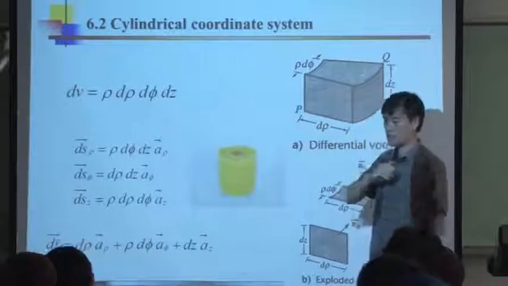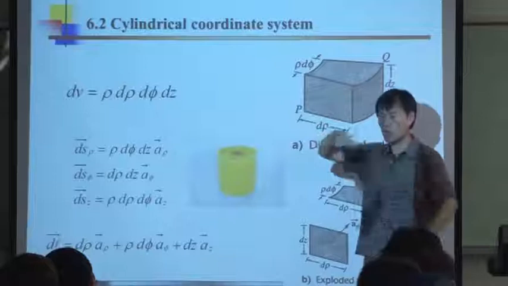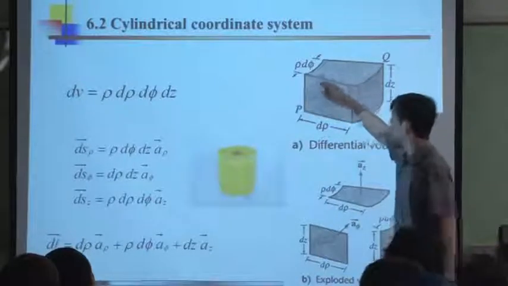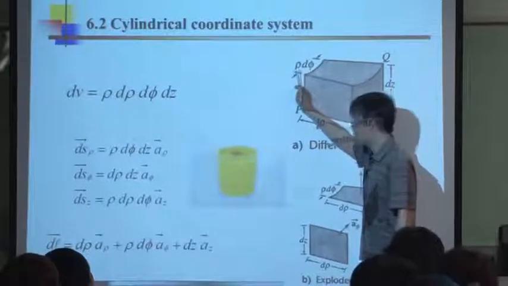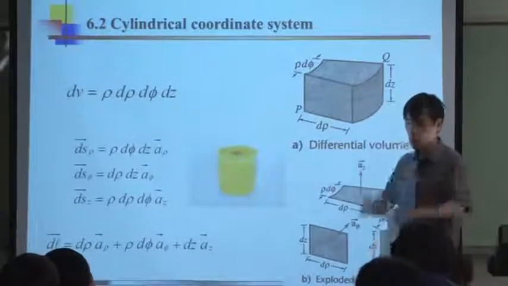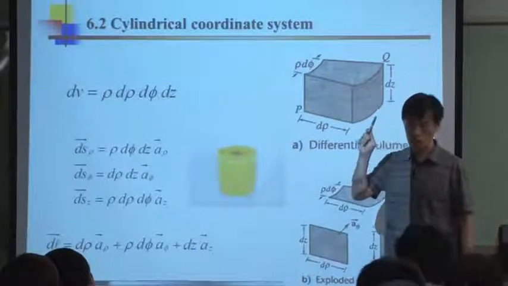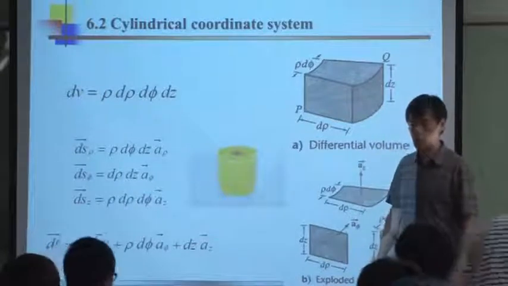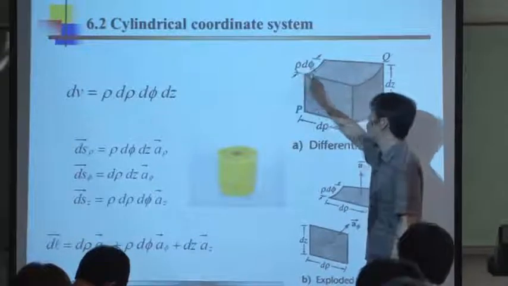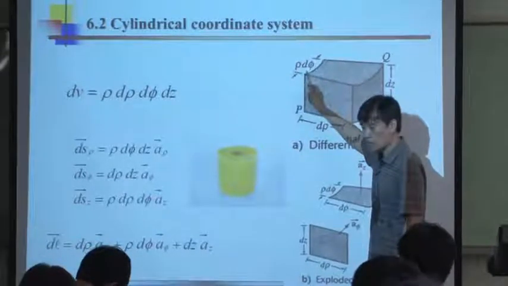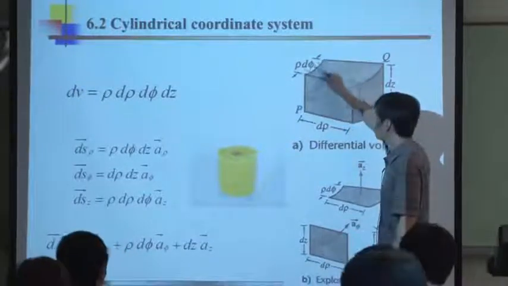It's not a straight line. 이게 직선이 아니고 호예요, 호. 직선이 아니죠. 호죠, 호. So the arc has the angle and radius. 호의 길이를 우리가 얘기할 때는 반지름 곱하기 라디안 각도. So the radius is rho. And the angle component is d phi. Okay, so this length is rho d phi.